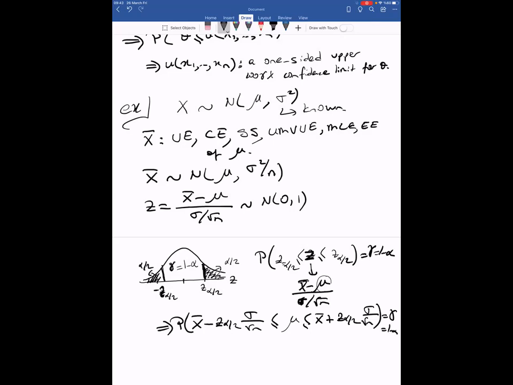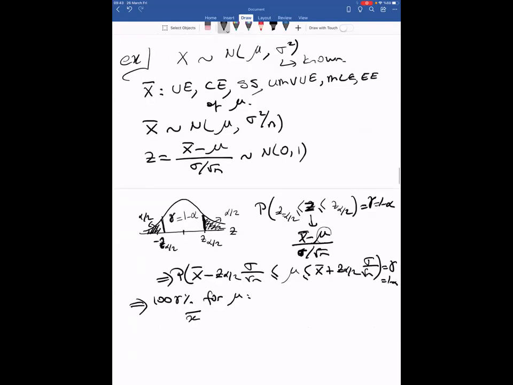Okay, so this is a random interval, not a confidence interval. To write a confidence interval, the 100 delta percent confidence interval for mu will be lowercase x bar minus z alpha over 2 sigma over square root of n, less than mu, less than lowercase x bar plus z alpha over 2 sigma over square root of n.